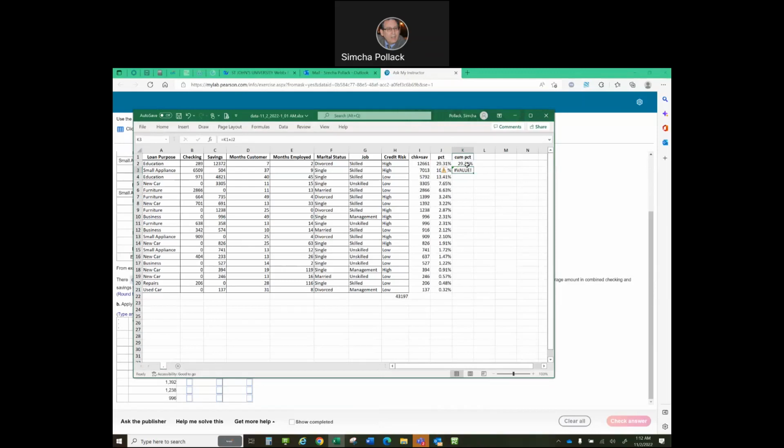You want to take the previous value, which was K2, the 29, plus J3. Oh, my mistake, that's K2. Sorry. K2, which was the 29, plus J3. So 29 plus 16 is 45%. And this we can drag down, and we should be getting it higher. We keep adding and adding until eventually everything is included, so it should be 100%.